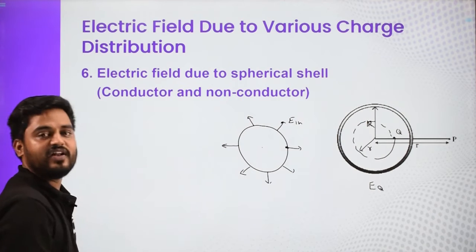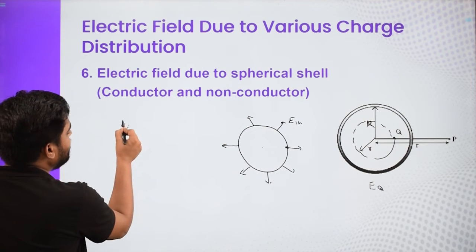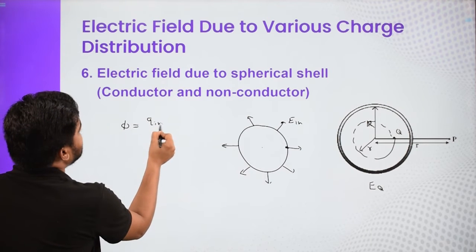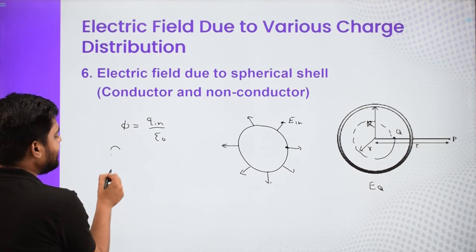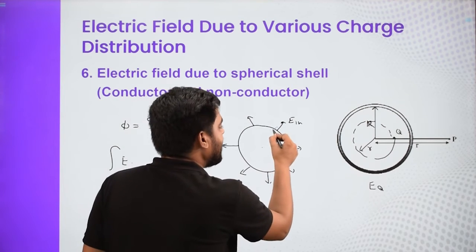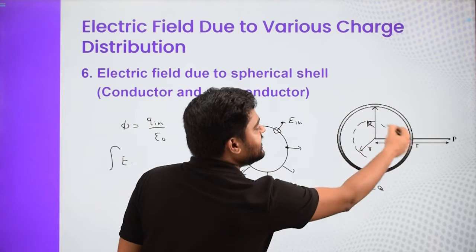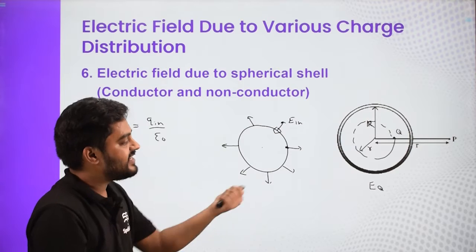So what will be the flux? What does Gauss law say? Gauss law says that total flux is equal to Q in by epsilon naught. How do we write total flux? Total flux is basically integration of E dot ds, and here the area vector on this assumed spherical Gaussian surface is radially out.